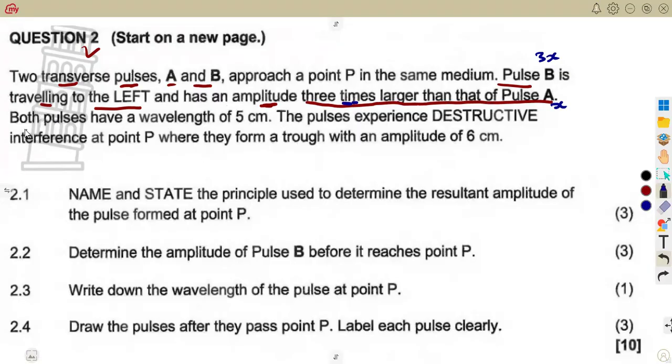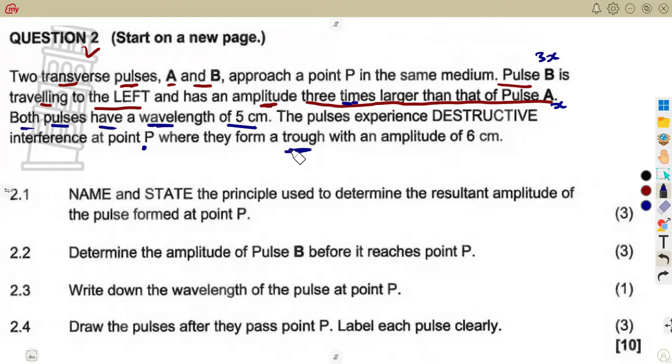Then they're saying both pulses, A and B, have a wavelength of 5 centimeters. They are the same wavelength. The pulses experience destructive interference at point P, where they form a trough.